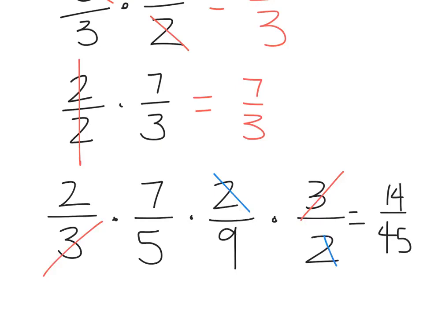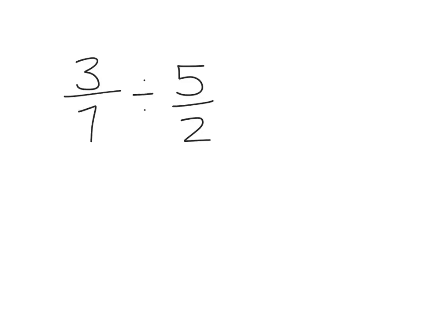Okay? So if I gave you the problem 3 over 7 divided by 5 over 2. Dividing by a fraction is the same thing as multiplying by the reciprocal.